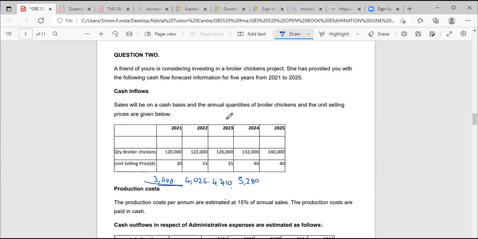And lastly, in 2025, 140 times 40. So how much are we going to make selling 140,000 chickens at 40?